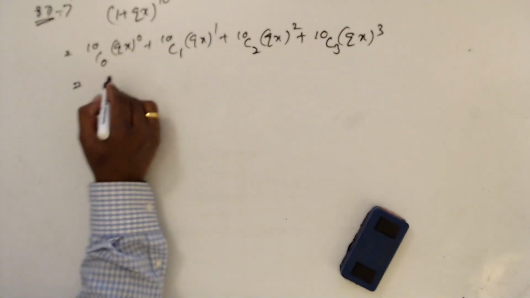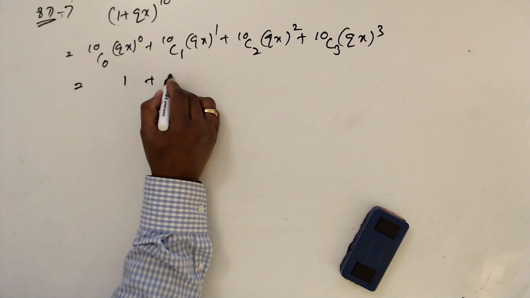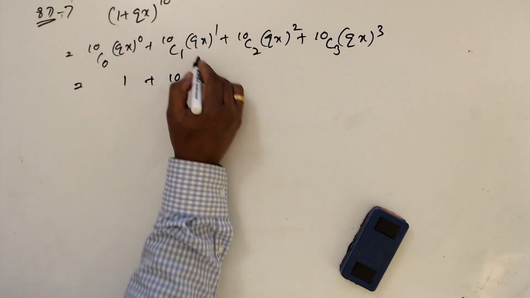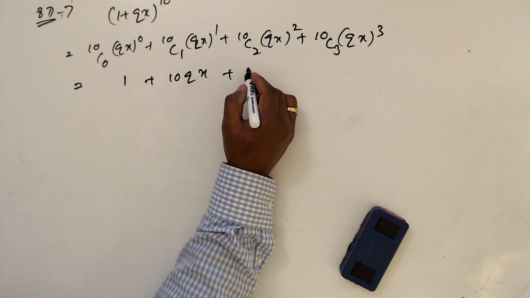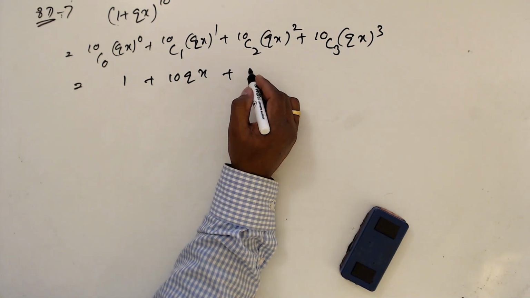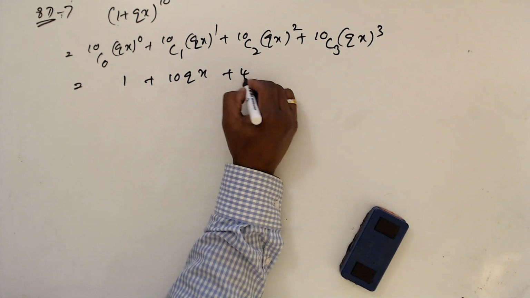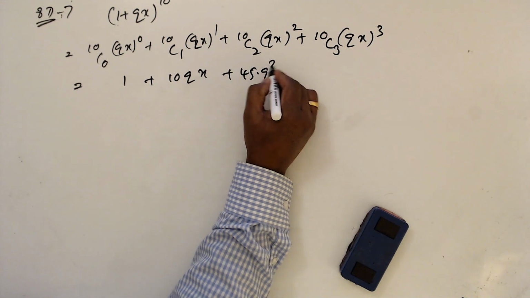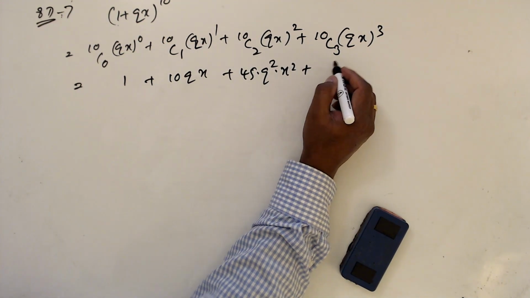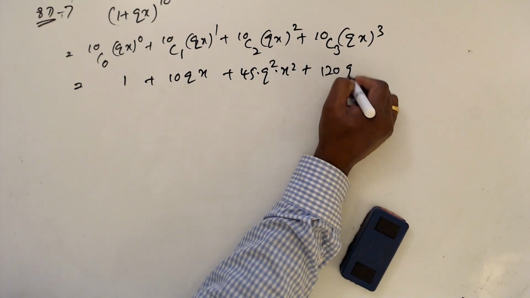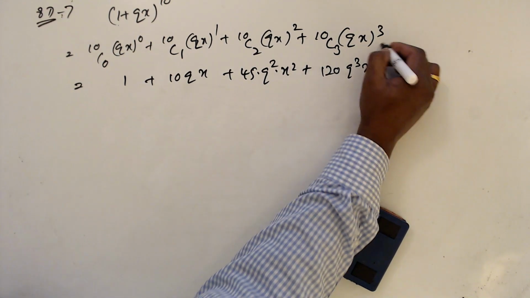So this is going to be 1 plus 10 times qx, plus 45 times q square x square, and 10C3 is going to be 120 q cube x cube.